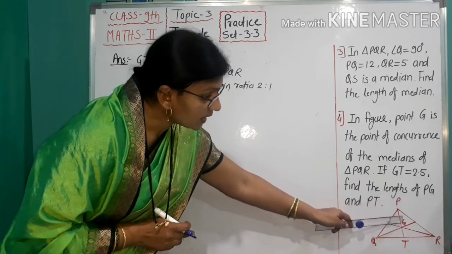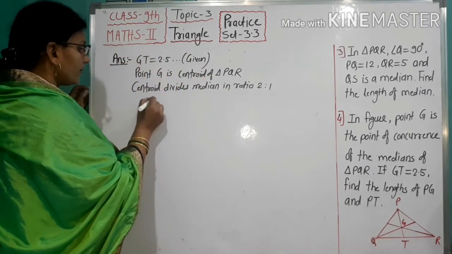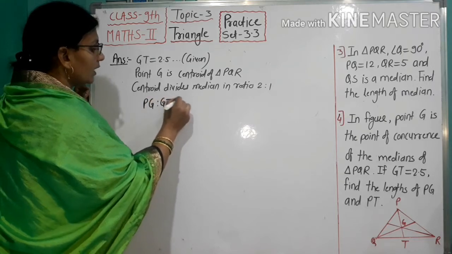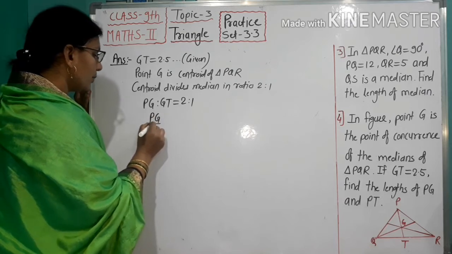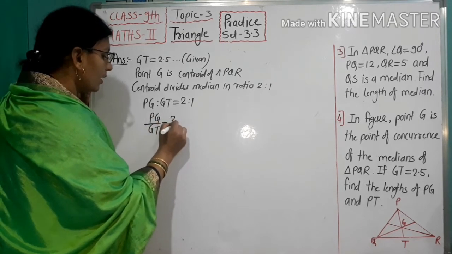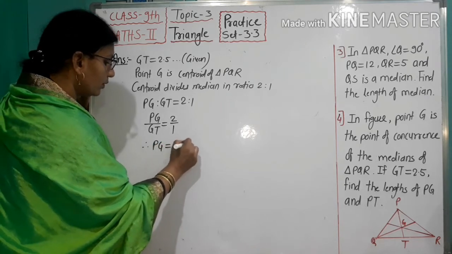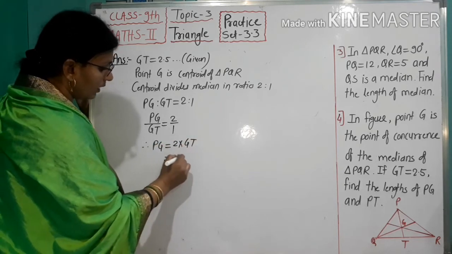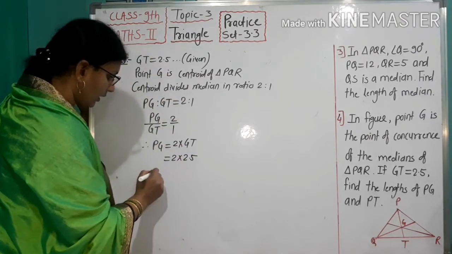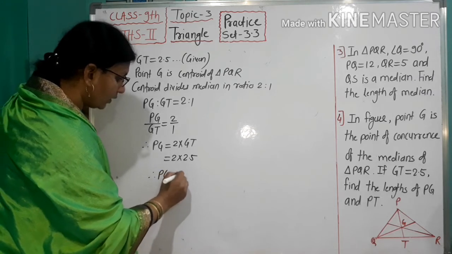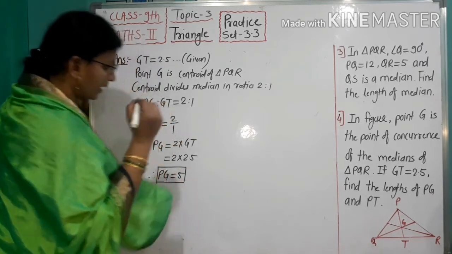So PG to GT equals 2:1. Therefore, PG upon GT equals 2/1. Therefore, PG equals 2 into GT. The value of GT is given as 2.5 and therefore PG equals 5. Here we find the value of PG.